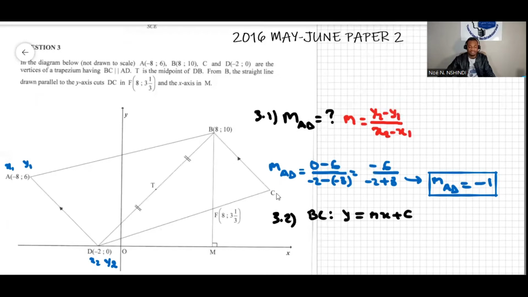So the line BC has the same gradient as the line AD. I'm saying that because the coordinates of C are not given, they are unknowns, so they're just x and y. We know that with two points we can make a line, but we don't know these coordinates, so we cannot find the gradient of this line. But we can say the gradients are common because the two lines are parallel.